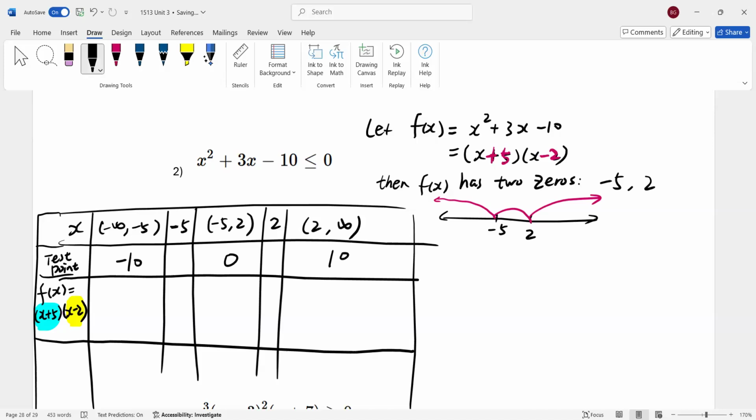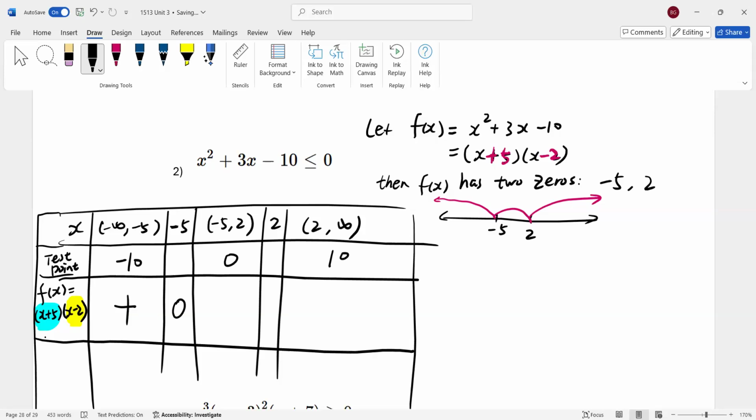Let's see, negative 10, pretty convenient number. Negative 10 would make the blue negative, would make the yellow negative. Negative times negative, you have positive, right? Yeah, at negative 5, the function is 0 because negative 5 is a root. In the second interval, the testing point is 0.